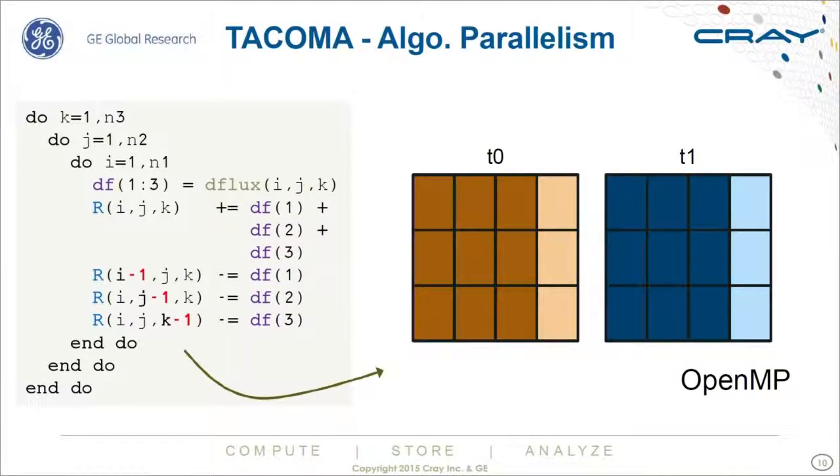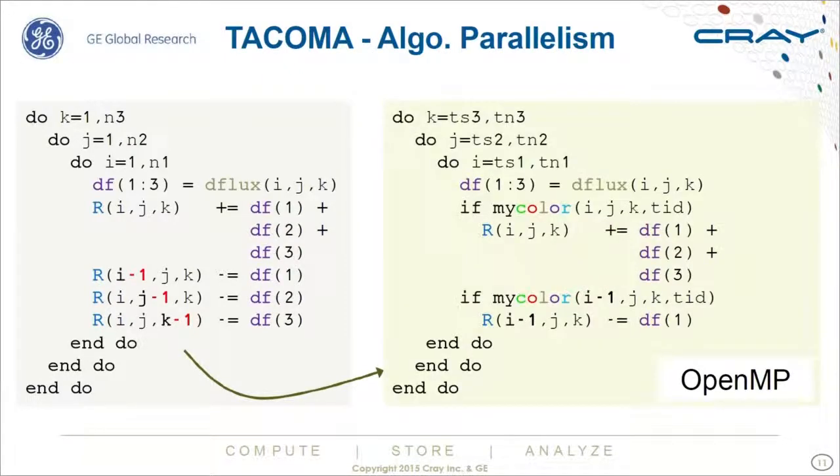That's what this light color of orange or blue represents. But this is how it might look in code. Again, you just check this my color. It could be a function or pre-computed as an array or something. And you just make sure that the cell you're modifying belongs to you before you write to it.